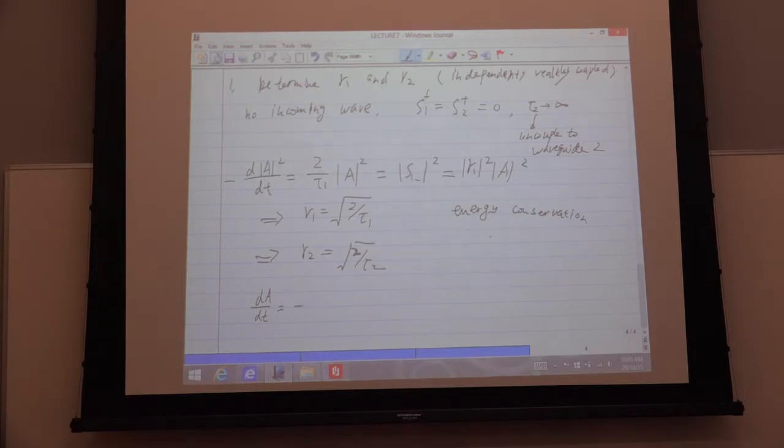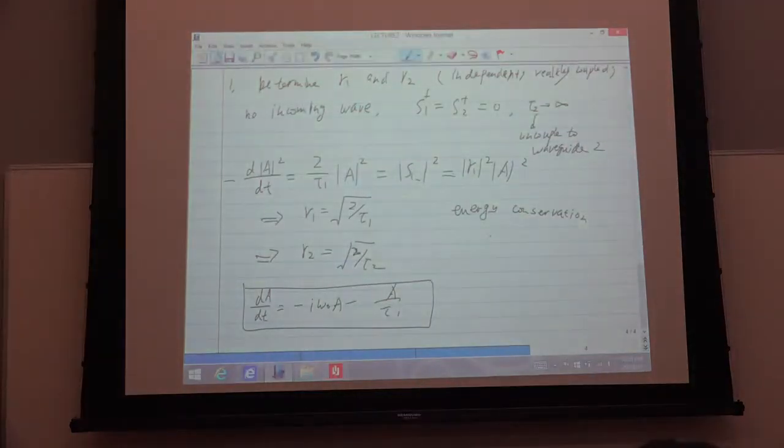Now this model is similar to that, because tau 2 goes to infinity and there is no incoming wave.